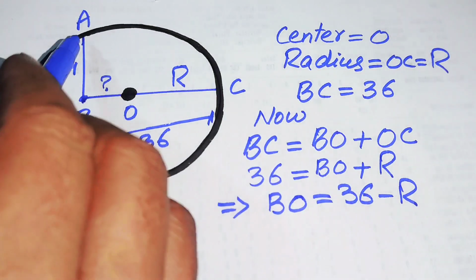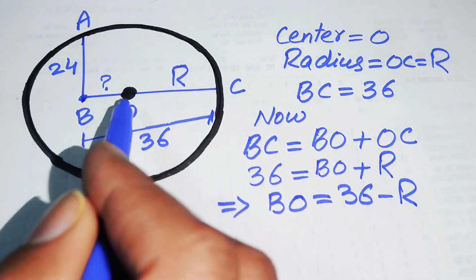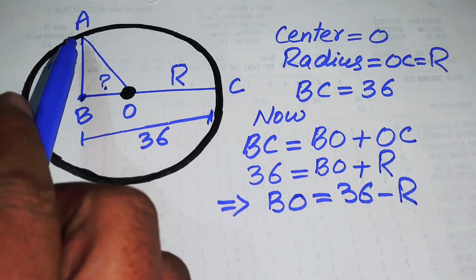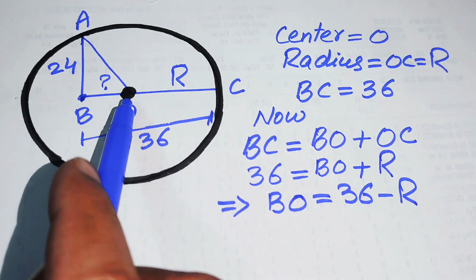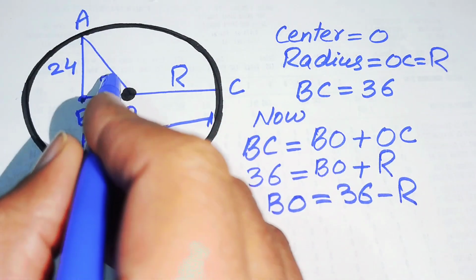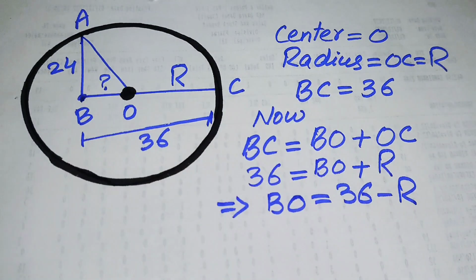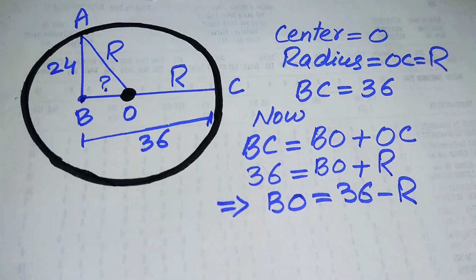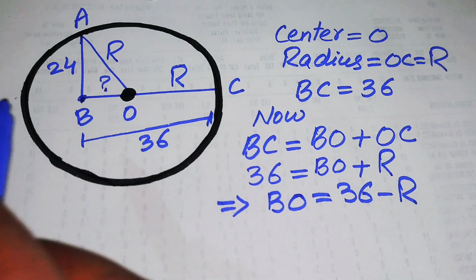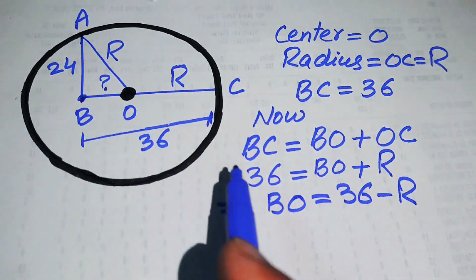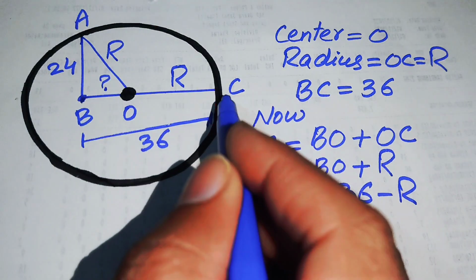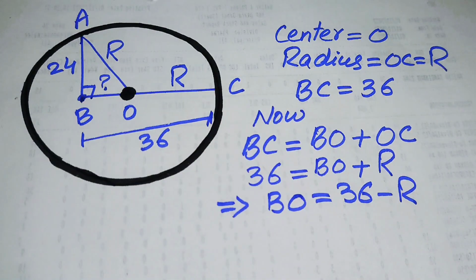If you join this point A with O, then it is also a radius of the circle, and we denote it by R. This distance is 36 minus R, and because the lines AB and BC are perpendicular to each other, it makes the angle 90 degrees.